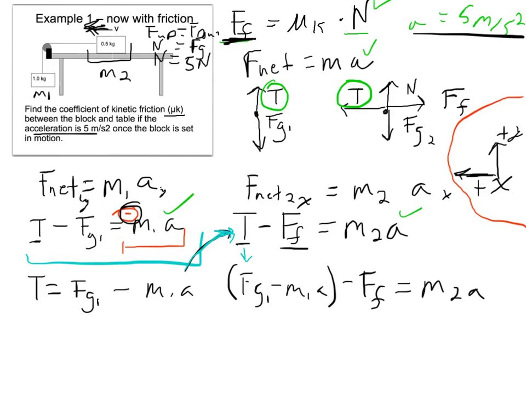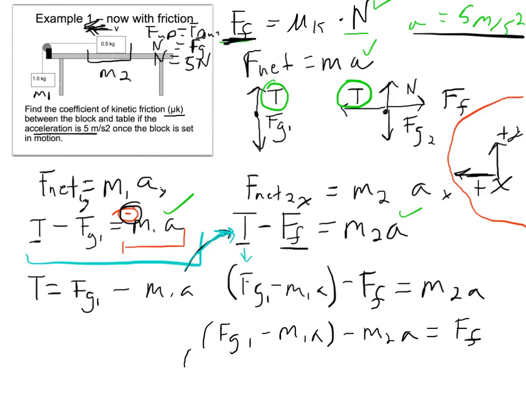Now we need to solve for the force of friction. So why don't I add friction to both sides and subtract m2a? That way the equation becomes Fg1 minus m1a minus m2a equals the force of friction. Now I'll plug in my numbers.